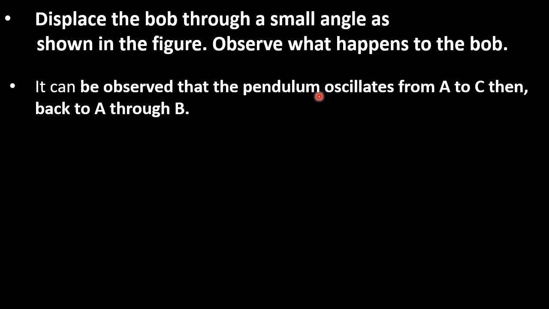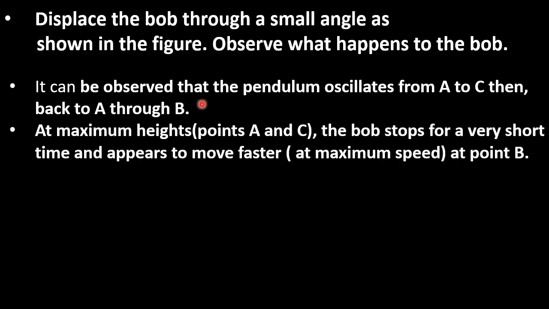As we illustrated there on the diagram, the body will oscillate. In this case, the pendulum, the bulb, is going to oscillate from point A to point C, then back to A through B. At the maximum heights, which are the points A and C, the bulb stops for a very short time. We say in physics, momentarily.